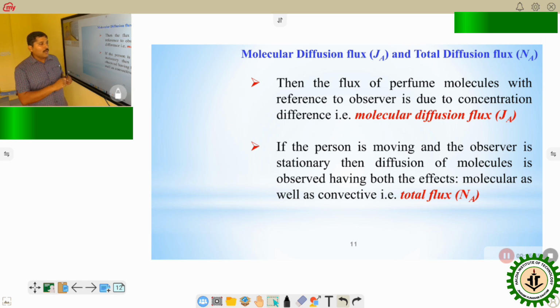For example, a person puts on perfume and is moving, and I am the observer in a stationary mode. At that instant of time, the flux is nothing but the total flux. At that time, both your molecular flux and your convective flux will be happening.